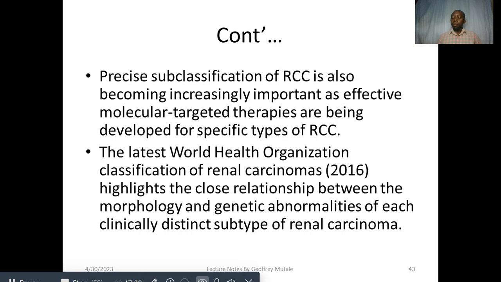Precise subclassification of RCC is also becoming increasingly important as effective molecular targeted therapies are being developed for specific types of RCC. The latest World Health Organization classification of renal carcinoma, done in 2016, highlights the close relationship between the morphology and the genetic abnormalities of each clinically distinctive type of renal cell carcinoma.